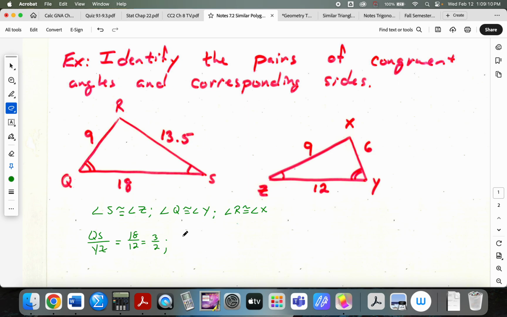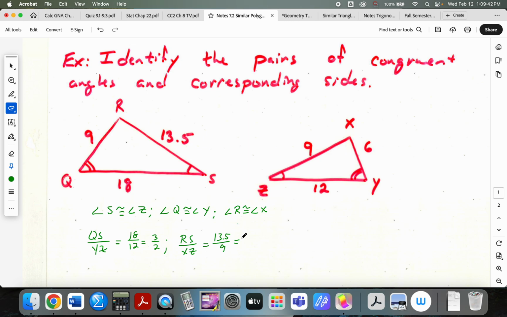Then I'll do the medium ones, RS to XZ is 13.5 to 9. Now, when you're reducing something like that that has a decimal, you got some choices as to what you're going to do to simplify it. In this case, since it's 13 and a half, I would just multiply top and bottom by 2 and then reduce it.